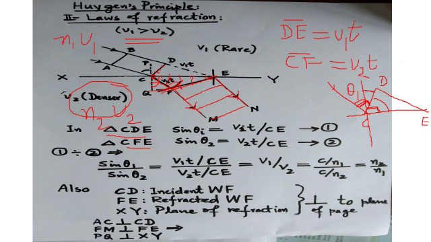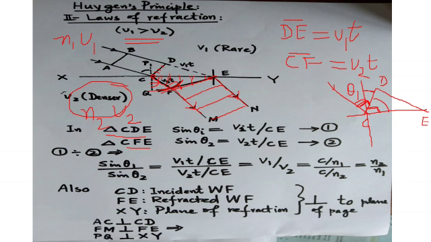And now what we do next is, for Snell's law, we divide the first equation by the second. So this will be sin θ1 divided by sin θ2, which from here will be just V1t divided by CE divided by V2t divided by CE, and this will end in the ratio of V1 to V2, which if written in terms of the refractive indices of the two media, V1 will be the speed of light c divided by n1, divided by V2, which will be the speed of light c divided by n2.